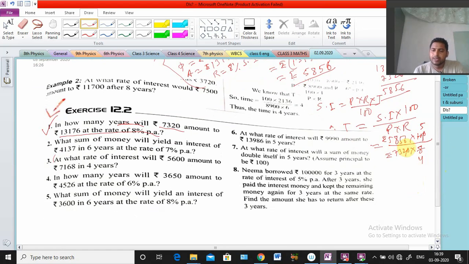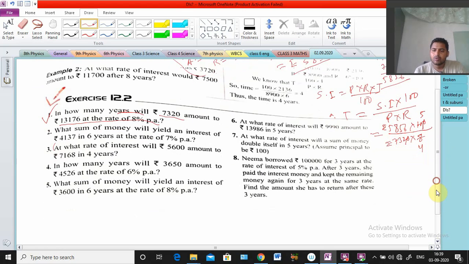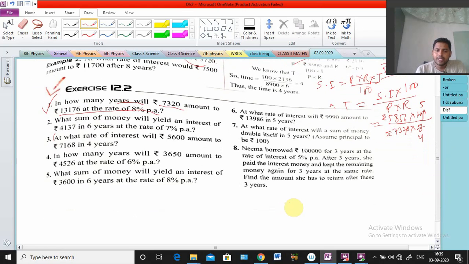Next, see 5856, this one is divisible by 2. Otherwise I am writing here, that is better. 5856 into 100 by 7320 into 8. So 10 will be cancelled here and here. 2 5 are 10 and 2 4 are 8.